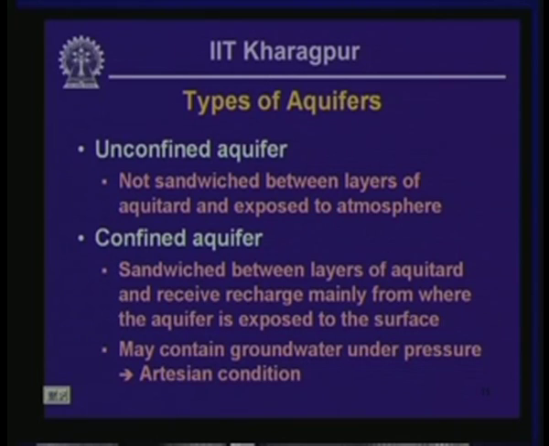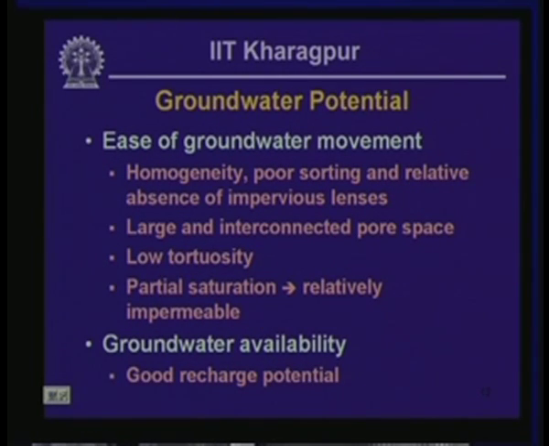Okay. Then before we look at the artesian groundwater flow, we are going to look at it later on. We first consider how we get groundwater potential. So groundwater potential depends on how easy it is for groundwater to move through the underground formation. So it depends on the homogeneity of the subsurface formation which contains groundwater.